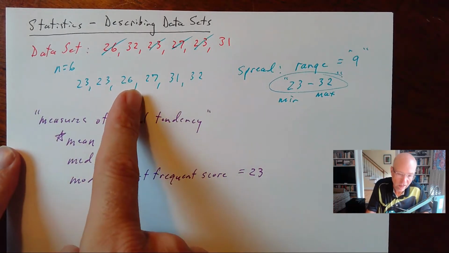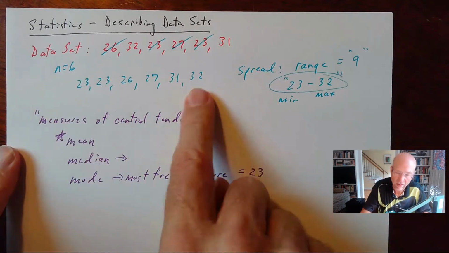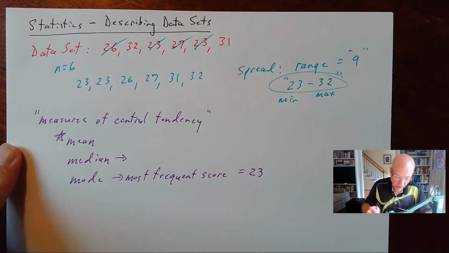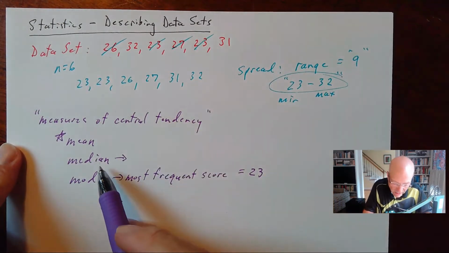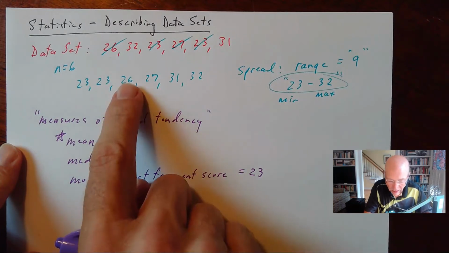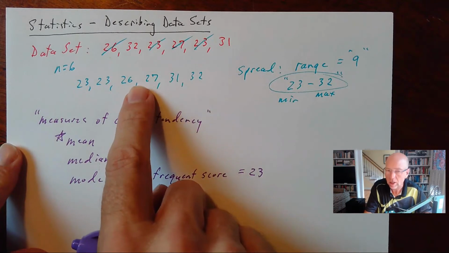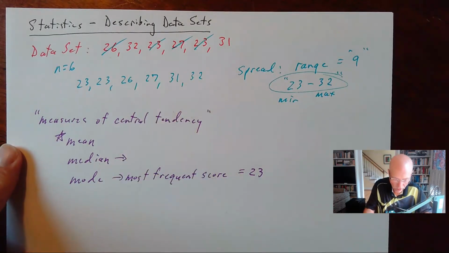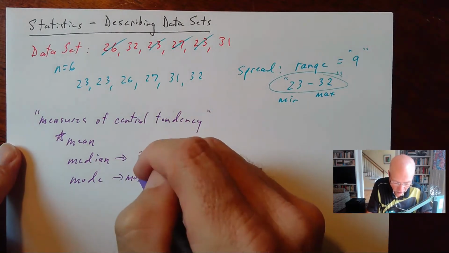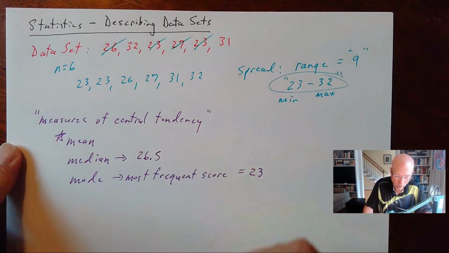We might call this the bottom 50% and this the top 50%. In this particular case, my median is going to be in between 2 numbers. I have an even number of scores, so I'm going to have to go in between these 2 middle scores. So in this case, 26.5 would be my median.